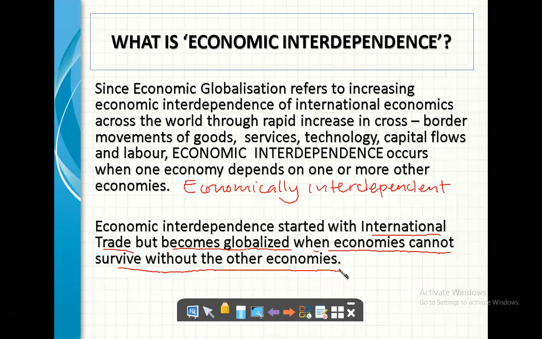But when we become globalized, that means that we are more dependent on imports, or products from other countries, to survive. So is that true for PNG? Yes, we are interdependent on other economies to provide us the products that we cannot produce ourselves.